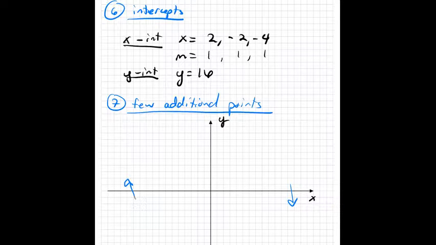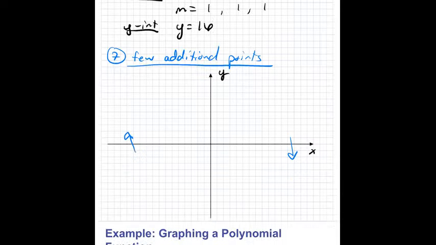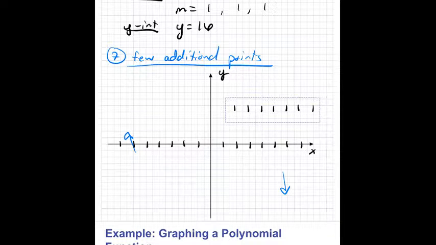I need to put some tick marks. I might just change my scale.